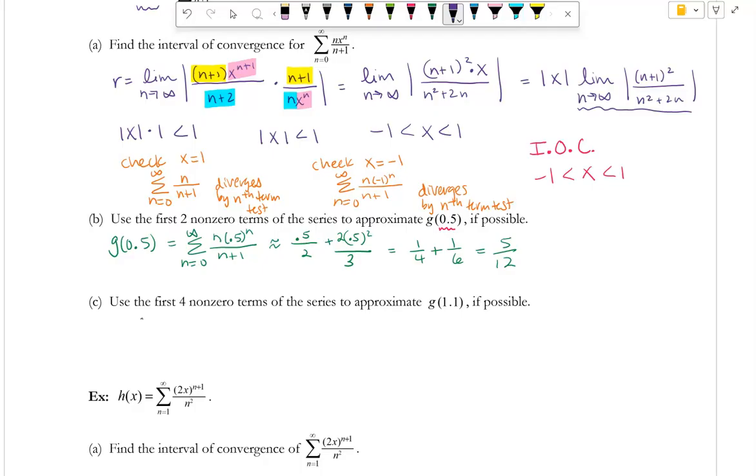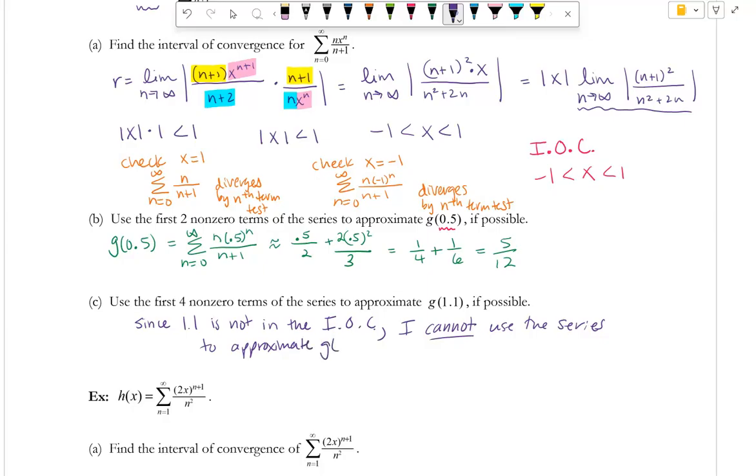So since 1.1 is not in the interval of convergence, or the IOC, I cannot use the series to approximate g of 1.1.